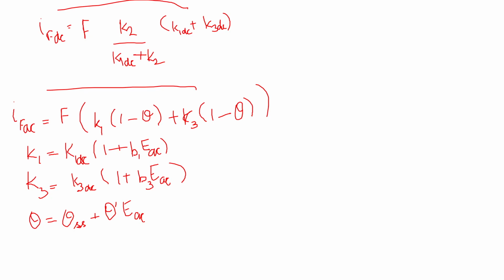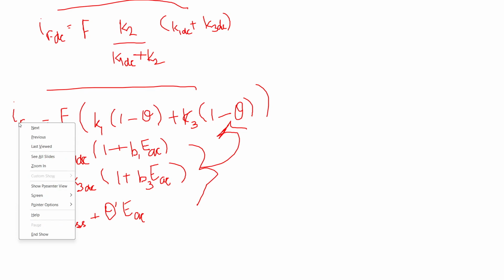I'll give you a few minutes and then I'll start doing this. You have to basically substitute all these three equations into this, and you have to simplify. So then you get the equation.